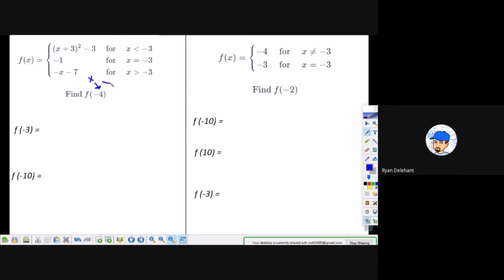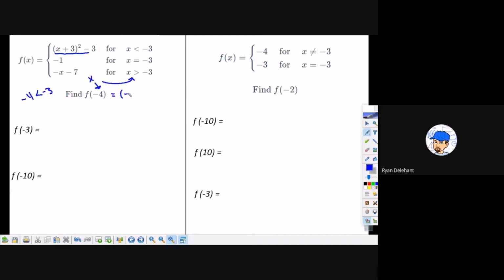You need to figure out which one of those this lies in. So is -4 less than -3, equal to -3, or greater than -3? -4 is less than -3, meaning it's going to fall into the first equation here.